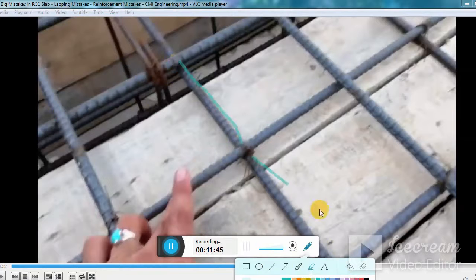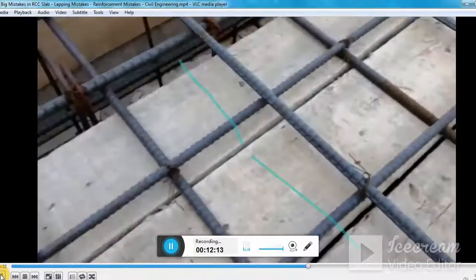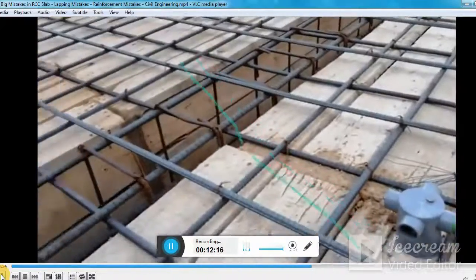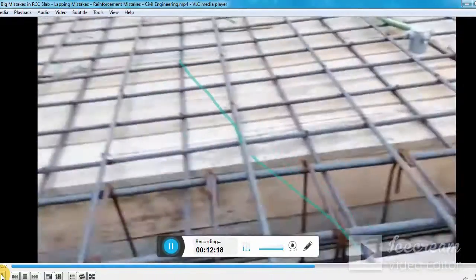You see the spacing between these, let me show you, this spacing and this spacing. Although a half inch or something would be acceptable, this is a very great difference, but you need to understand what the code permits. So I think there are spacing problems, and lapping length problems, right?